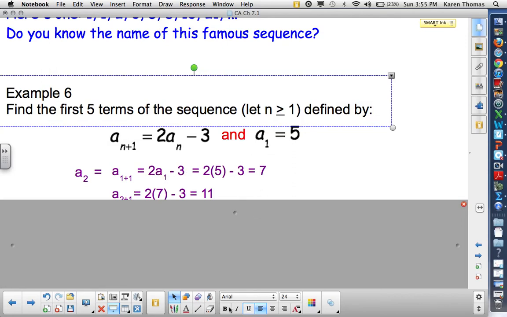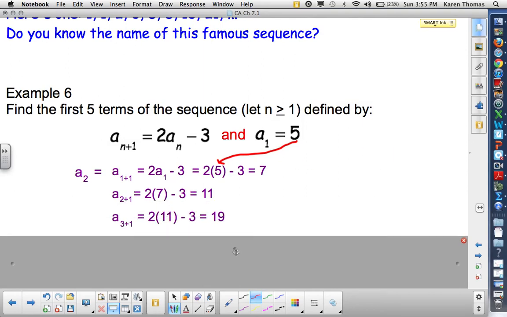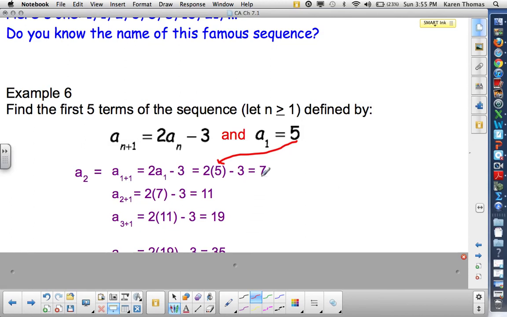I'm going to take my a sub 1 and it goes right here. And I have 2 times 5 minus 3 equals 7. I use my previous term. We're going to continue doing that for the first 5 terms.